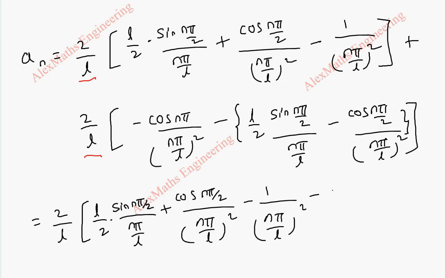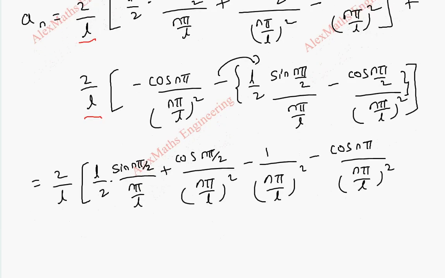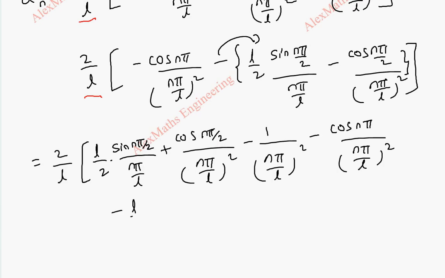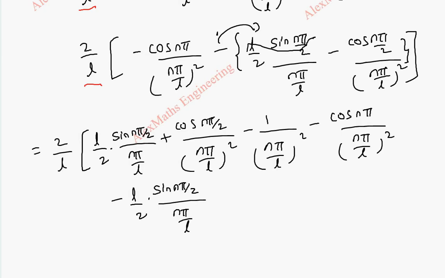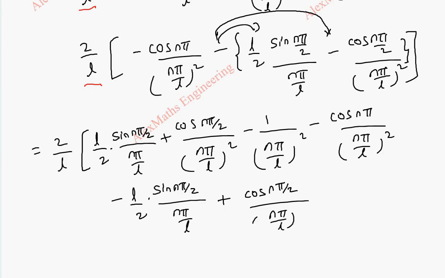Fourth term, minus cos n pi by n pi by L whole square. This minus gets inside. So we get minus L by 2 sin n pi by 2 by n pi by L. Again, it comes here for the next term. So this will become plus now, plus cos n pi by 2 by n pi by L whole square.